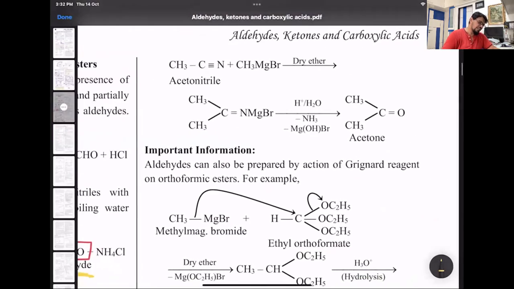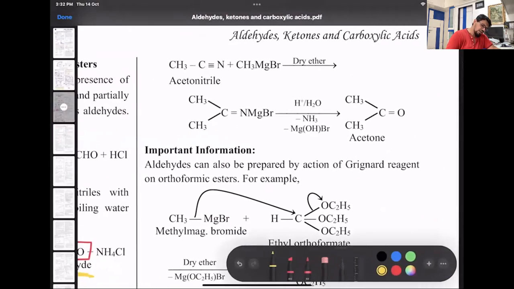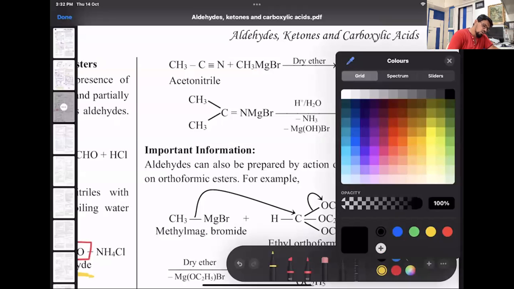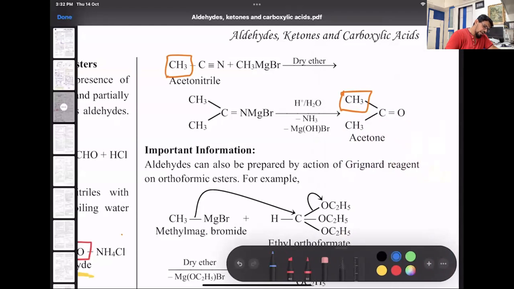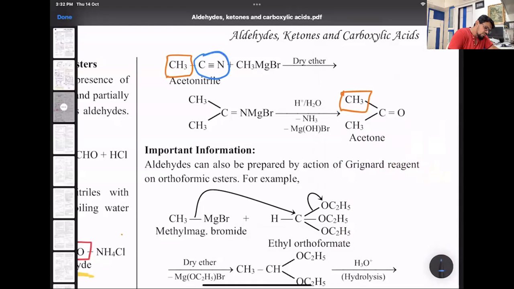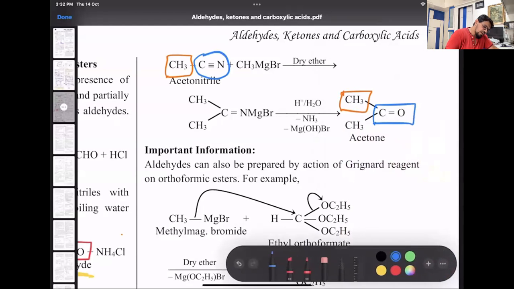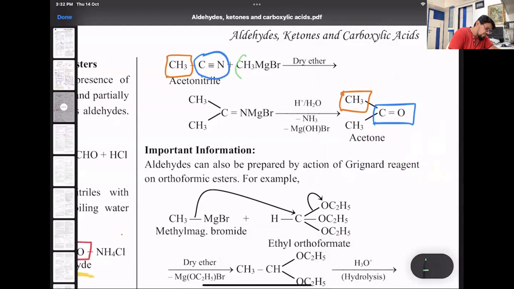Look at that. Cyanide plus Grignard's reagent. If I have to tell you, this will go in a totally different format. Look at this part. CH3, a faster approach. This CH3 is this CH3. Then the C triple bond N becomes C double bond O. And the third part is the CH3 of the Grignard, which is the other CH3.